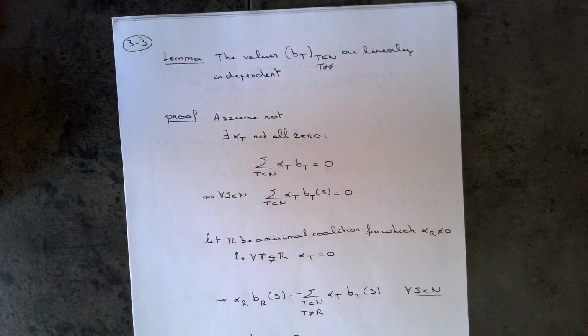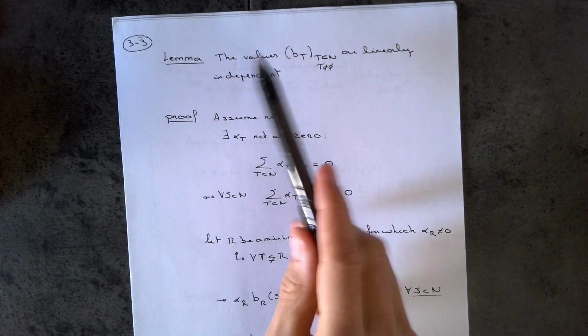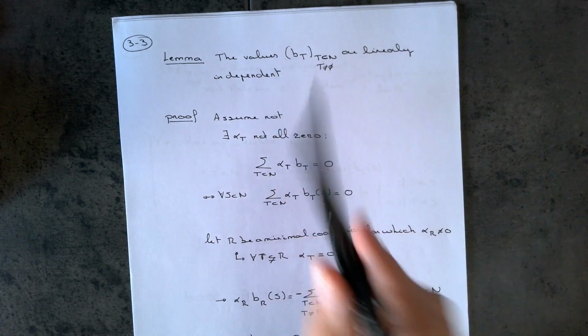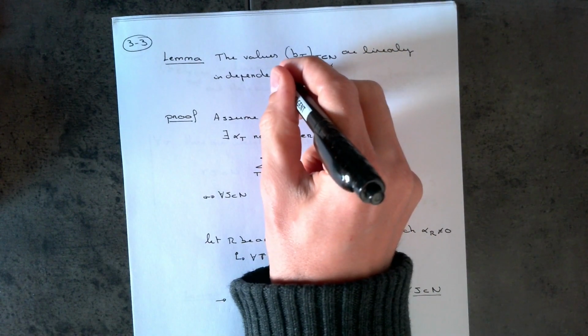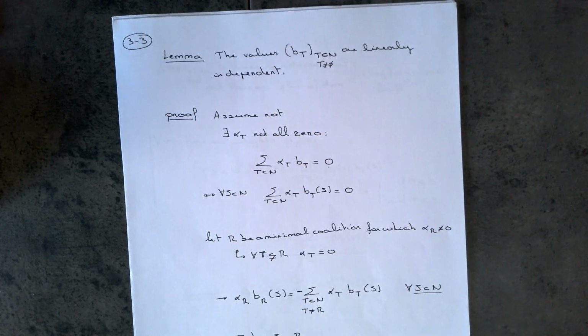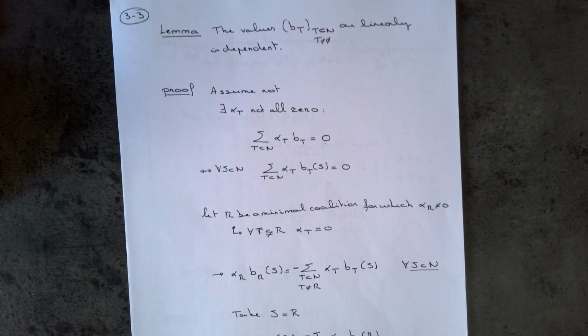So here we claimed, or at least I claimed, that this is a basis. So let's now prove this a bit more formally. First, I'm going to prove a lemma that says that the vectors B_T are linearly independent. Once they're linearly independent, then you know they form a basis for this vector space. The proof is by contradiction.